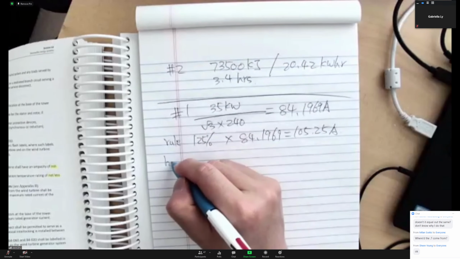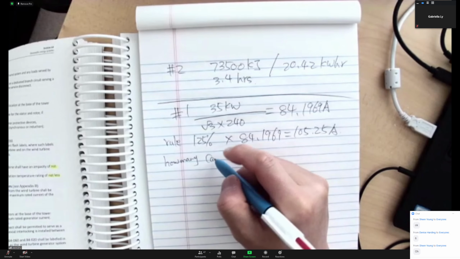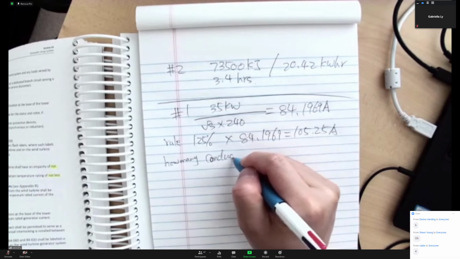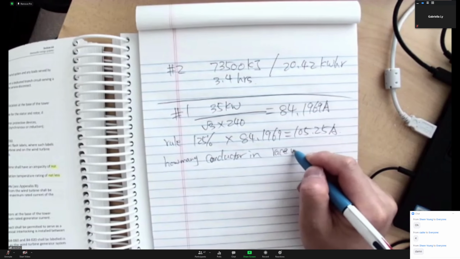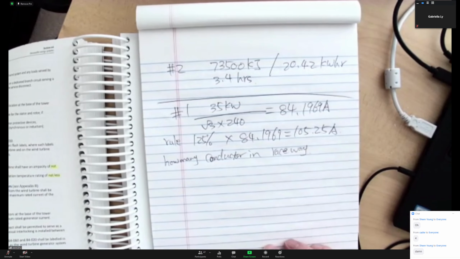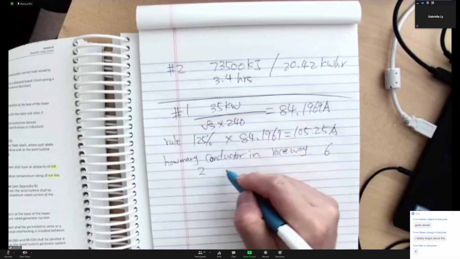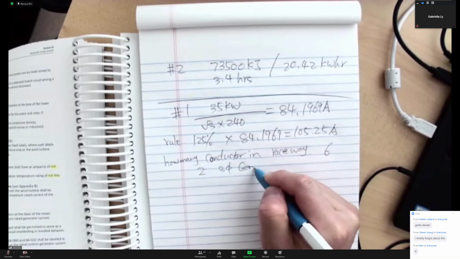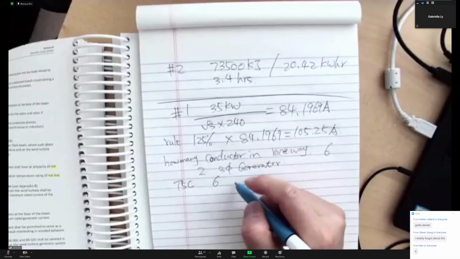Then how many conductors in the raceway? Six conductors, right? Because you have a 3-phase generator, so table 5C tells you 6 conductors.